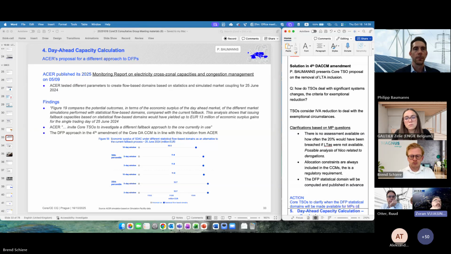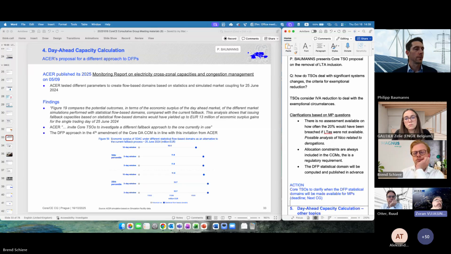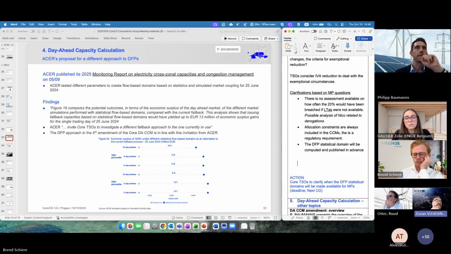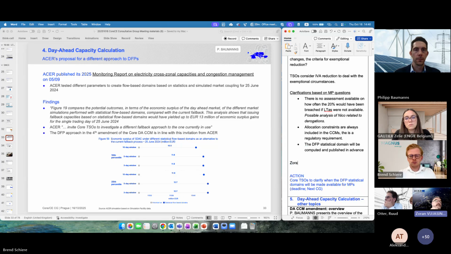We also checked the TSO's proposal, which is a bit different from Acer's proposals, and it seems promising to us, so we would welcome continuation in this respect. Because, as you said, it's important to get rid of the very low DFPs provided by LTA. Anyway, we are losing LTA, which is not the worst thing in this perspective. So we hope that TSOs will be able to push through their proposal.